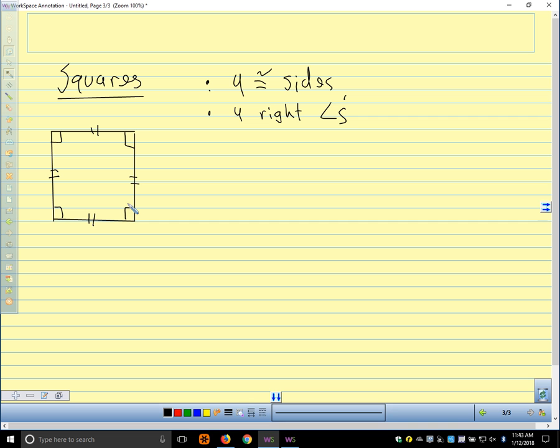The fact that the square is a rectangle and a rhombus and a parallelogram, we could figure it out from those other things, but I want to make sure we have the detail. The diagonals bisect each other. They're congruent and perpendicular.